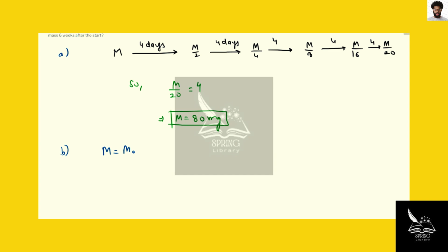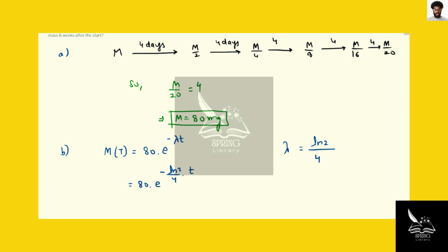So m, the amount after any time, as a function of time, is equal to the initial mass times e raised to minus lambda t, where lambda is the decay constant. And we know that the decay constant is natural log of 2 over half-life, and the half-life is given as 4 days. So clearly this will become the initial mass times e raised to minus ln 2 over 4 times t.